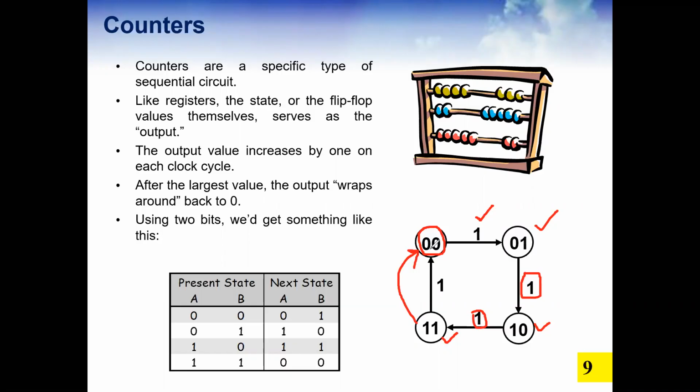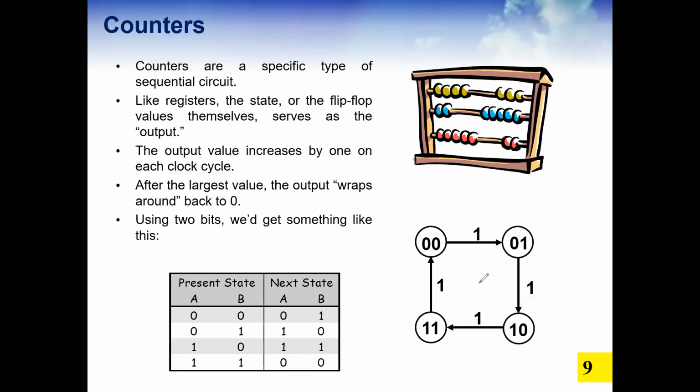It is called an up counter, which is counting upward. Initial value 0, maximum value 11. The output value increases by 1 on each clock. After the largest value, the output wraps around back to 0. So it works in a circular manner.